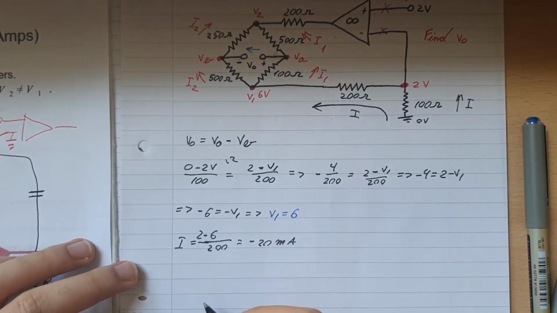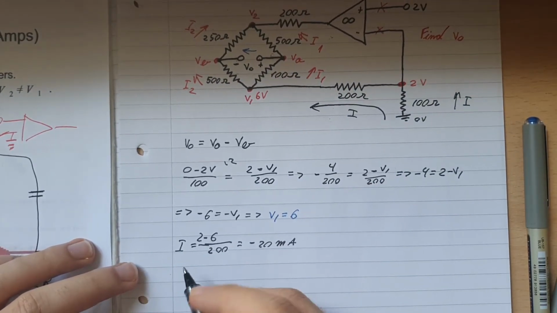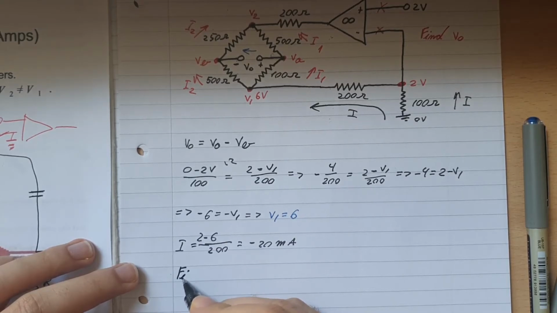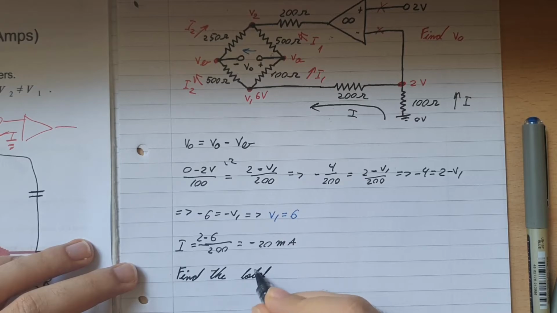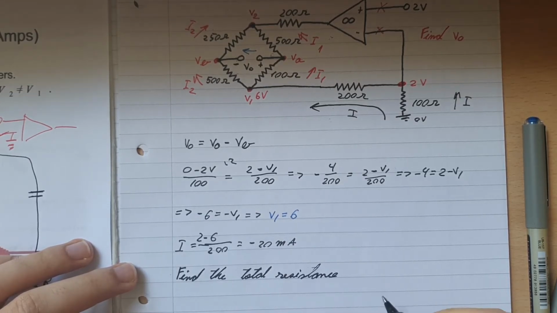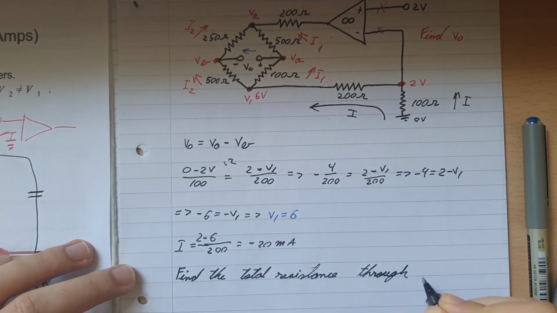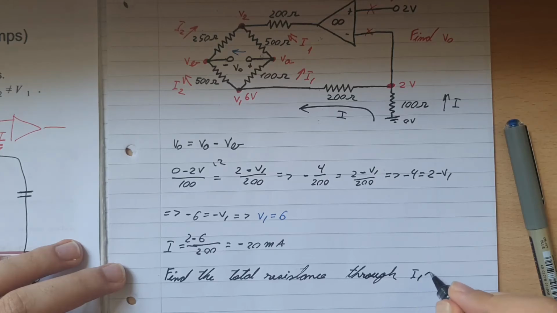Alright, so now we need to find the total resistance through I1 and I2.